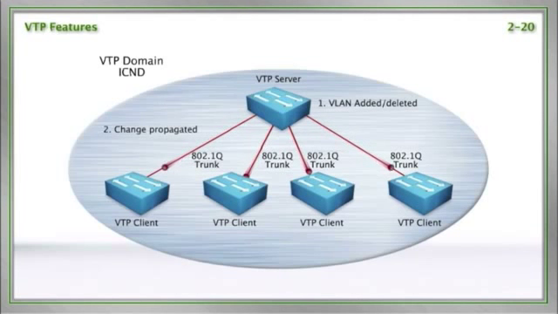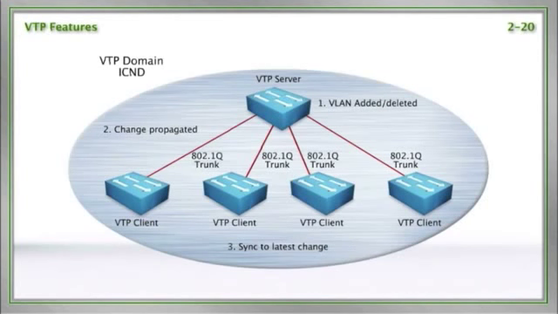Sure enough, it'll propagate the change out to those VTP clients, and they will get that new VLAN. Then they'll synchronize to that latest change. So you can manage your VLAN database from just one device and take advantage of this particular protocol's management across the different devices.